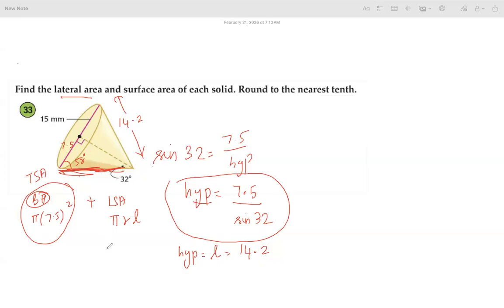So pi times 7.5 times 14.2. Now, can you tell me what is this lateral surface area, Shreya? Pi times 7.5 times 14.2. 334.6.